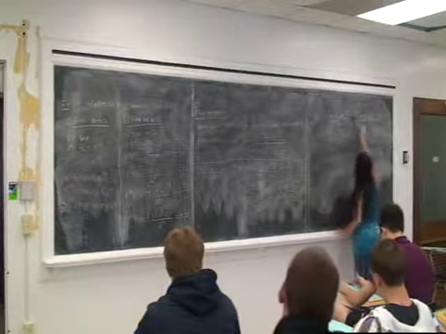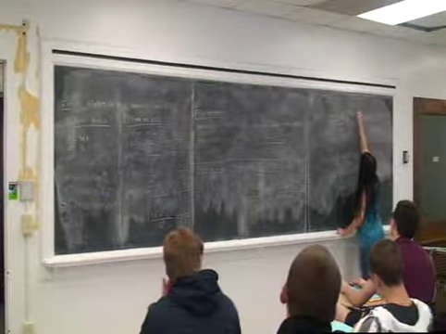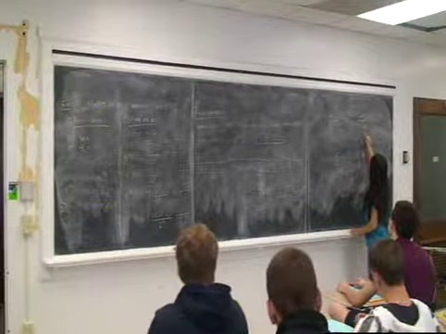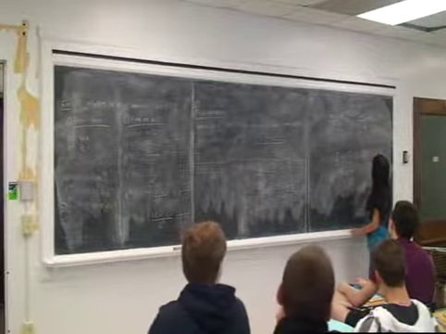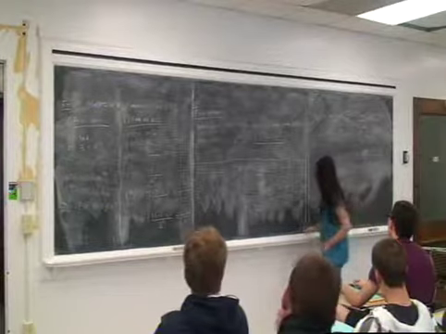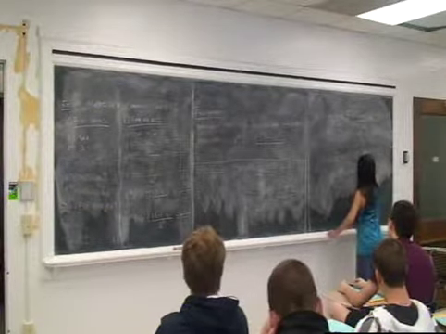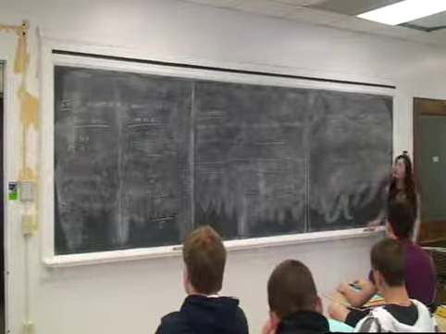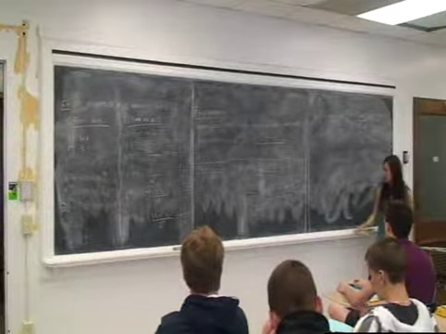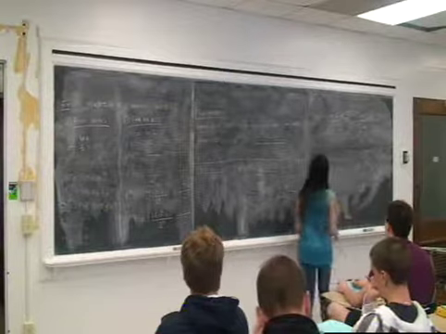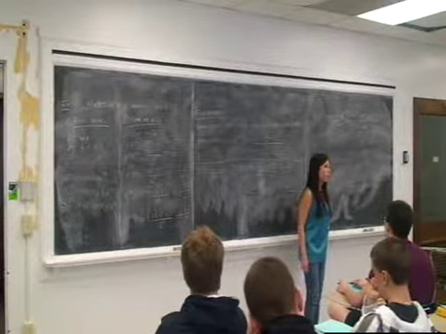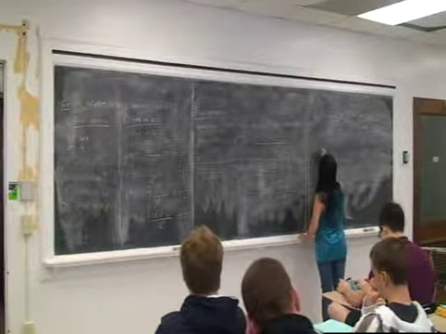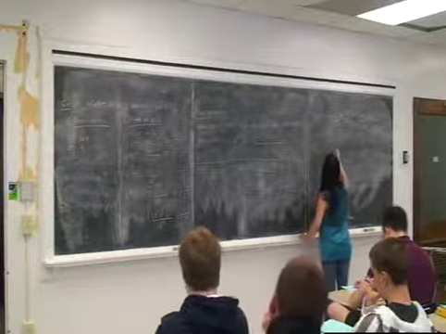Okay, so this right here is the n derivative at 2. Questions? Okay, so now we just simplify.